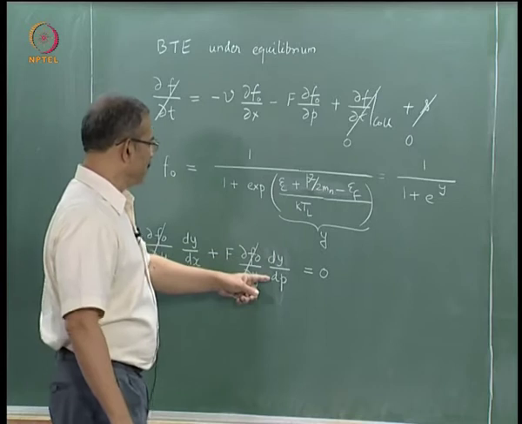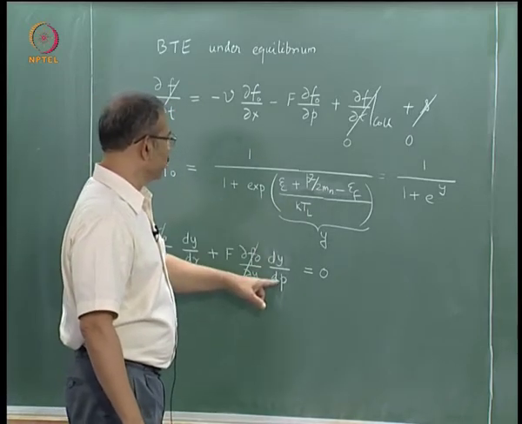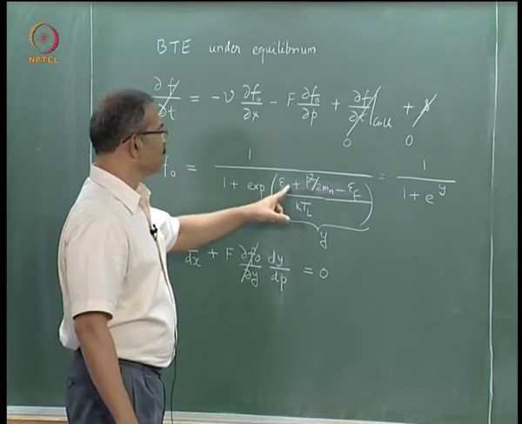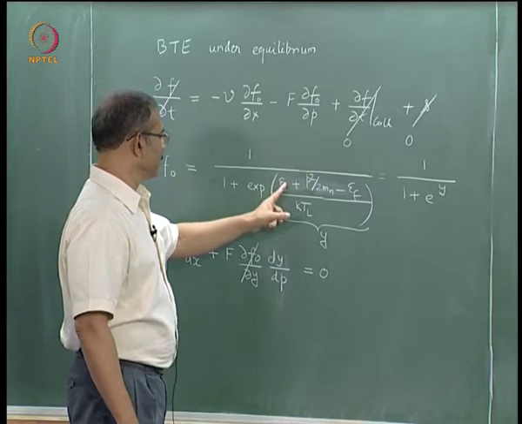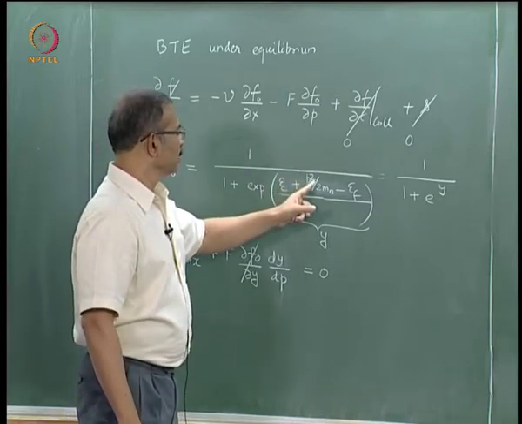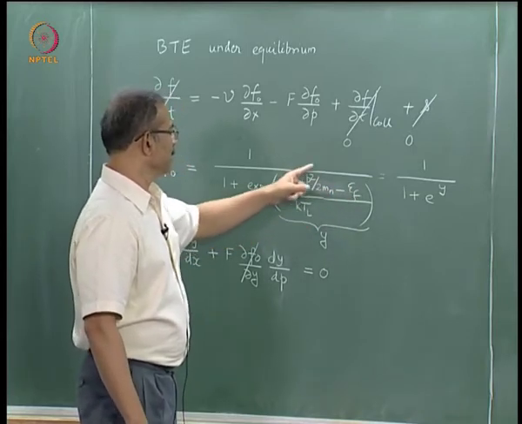What is dy by dp? So this is y. So when I differentiate with respect to p, the EC is not a function of p, it is a potential energy, right. So it does not depend on momentum. So derivative with respect to p of this quantity is 0. So similarly EF is also not a function of p. Therefore what remains is only this.